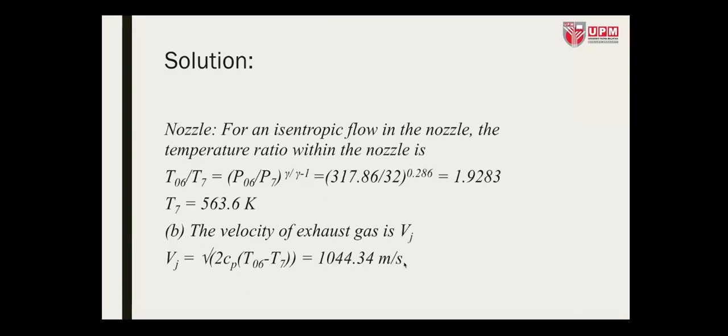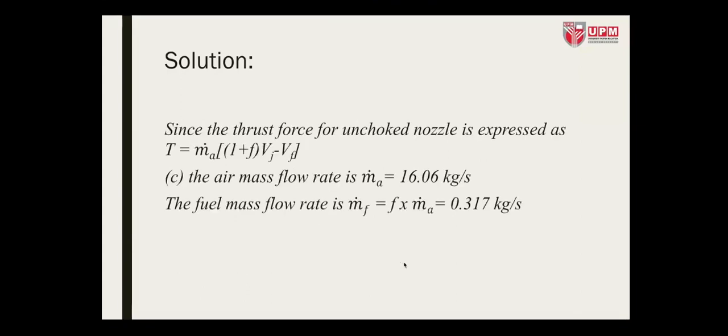So that's only part B. Part A just now was the fuel to air ratio, the F value, then the Vj. And then you need to find the mass flow rate. Since the thrust force for unchoked condition is expressed as this, you have the mass flow rate for the air, 1 plus F, with this value. The air mass flow rate can be obtained here.